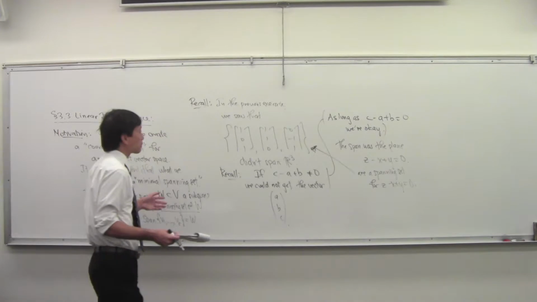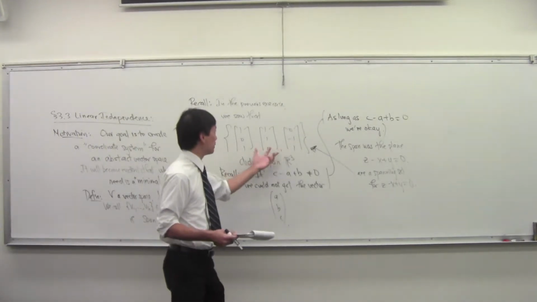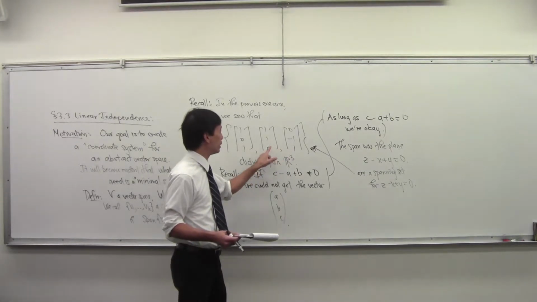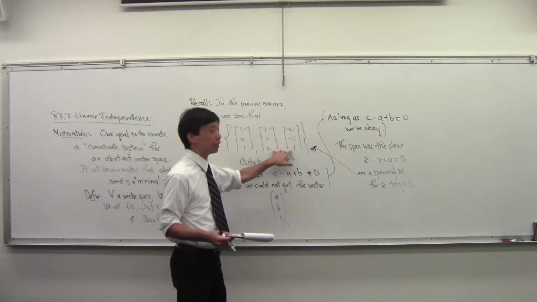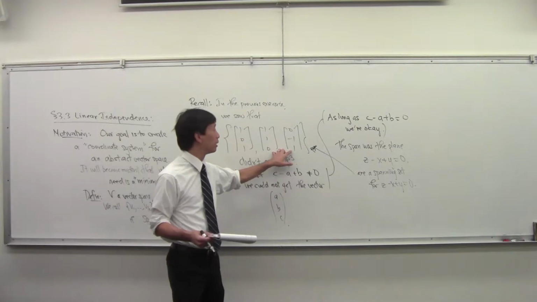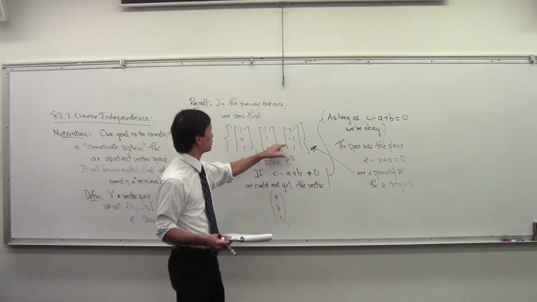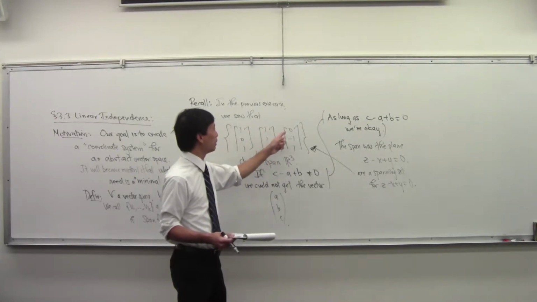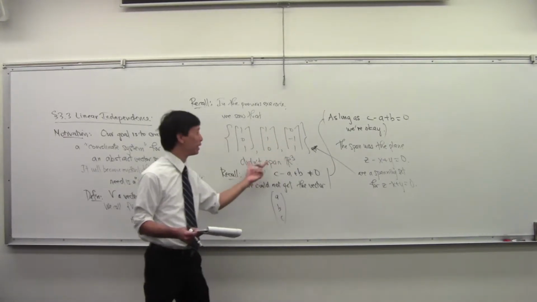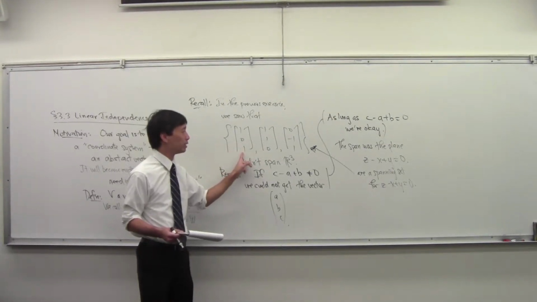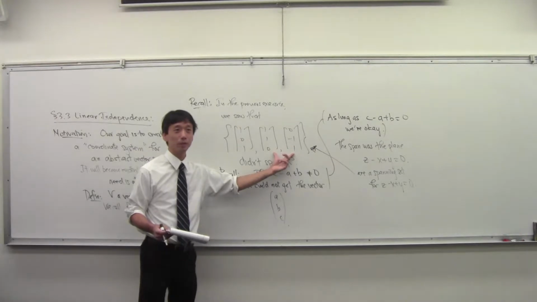So let's look at the spanning set. Notice that if I add the second vector and the third vector, what do I get? I'm going to get (1, 0, 1), which is the first vector. In other words, this guy is a linear combination of these two guys.